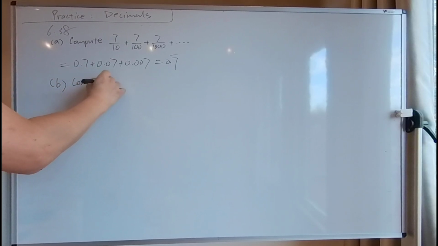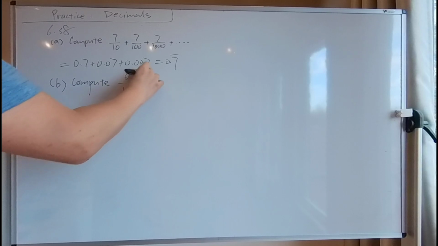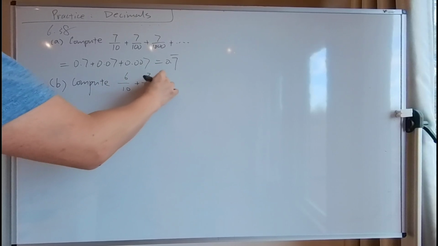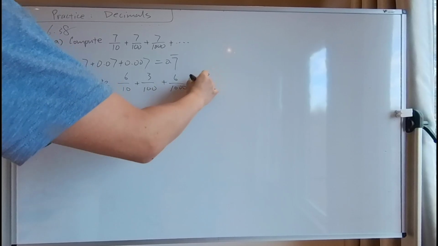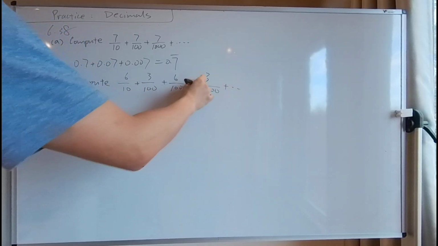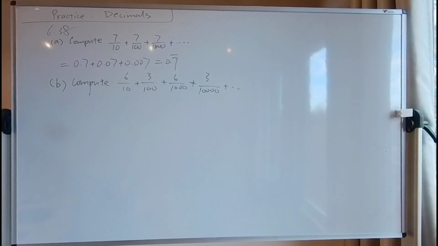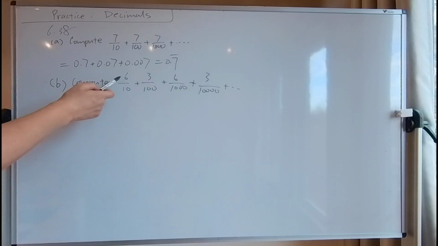Now the second: if I have 6 over 10 plus 3 over 100 plus 6 over 1000 plus 3 over 10,000, and keep going. Now the pattern changed a little bit, because the denominator is still increasing by 10 times one by one, but the numerator keeps repeating between 6 and 3, and 6 and 3.